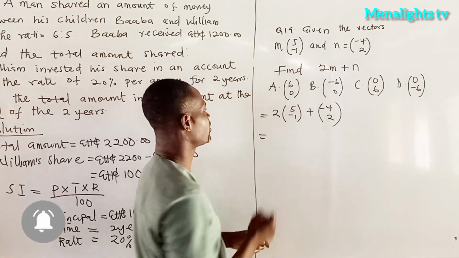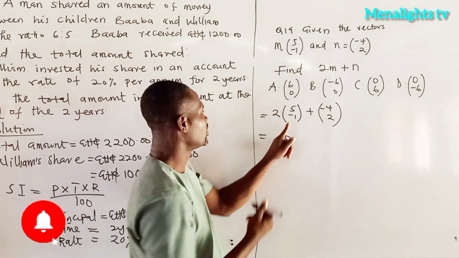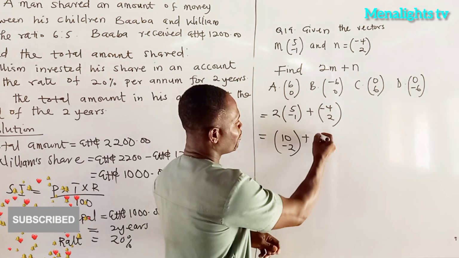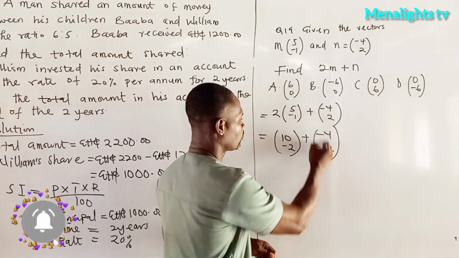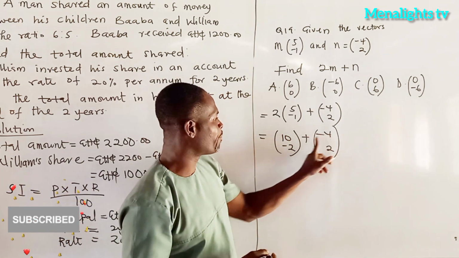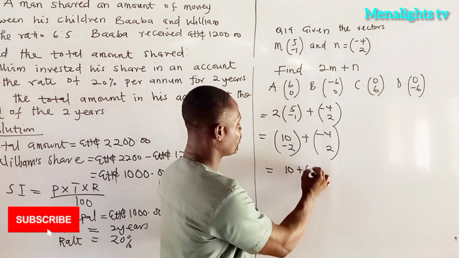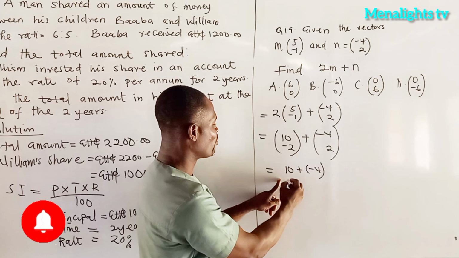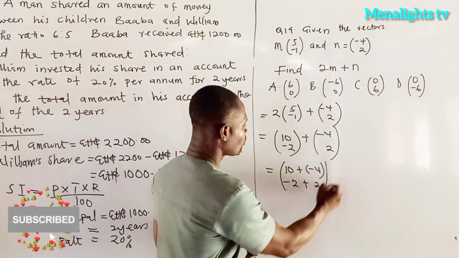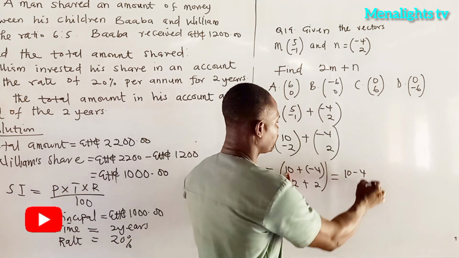So from here what we have is 2 times 5 will give us 10. Then 2 times negative 1 will give us negative 2. Then plus -4, 2. So in this context, we are going to add the negative 4 to 10. So it becomes 10 plus -4. Then the second one, -2 plus 2. So 10 plus -4 is the same as 10 minus 4.